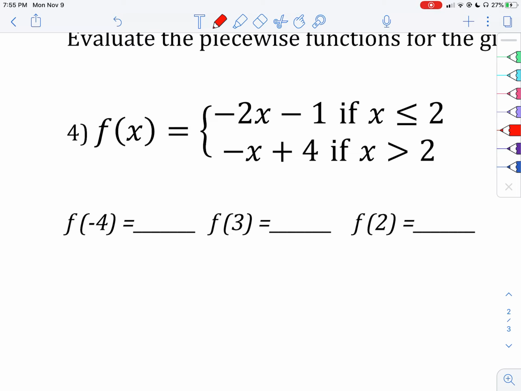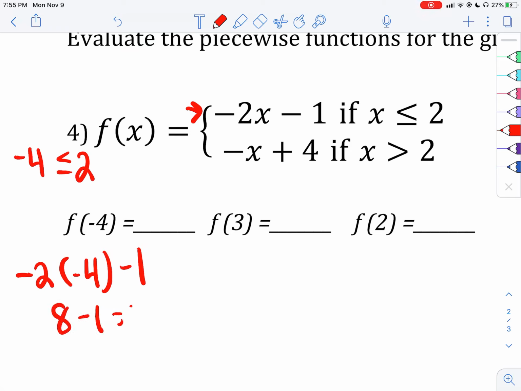So negative 4, is that less than or equal to 2, or is it greater than 2? Well, hopefully we know that negative 4 is less than or equal to 2, so we're going to use this top part. So we would have negative 2, put in negative 4 for x, minus 1. Negative 2 times negative 4 is positive 8, minus 1 is 7. So when x is negative 4, our function is going to be 7.